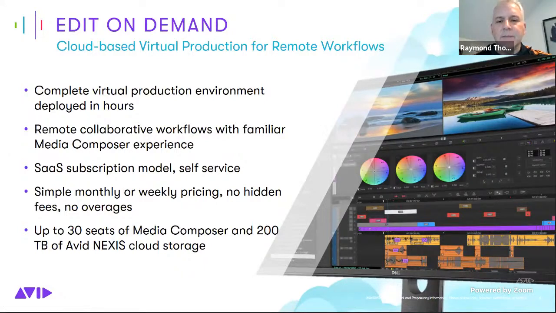You can spin up and add users as you go. You can also add more storage. You can start with as little as 1 terabyte and go up to as high as 200 terabytes of Nexus Cloud storage. And all of that is taking advantage of the elasticity and scalability of the cloud. So it's very exciting and has been proven.